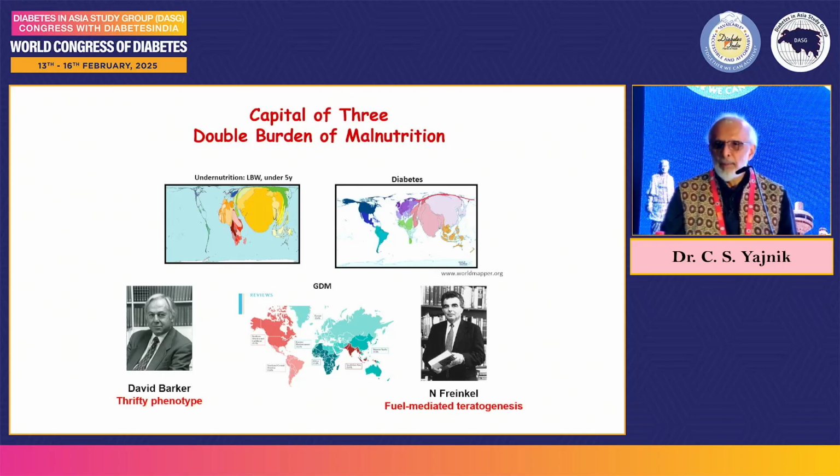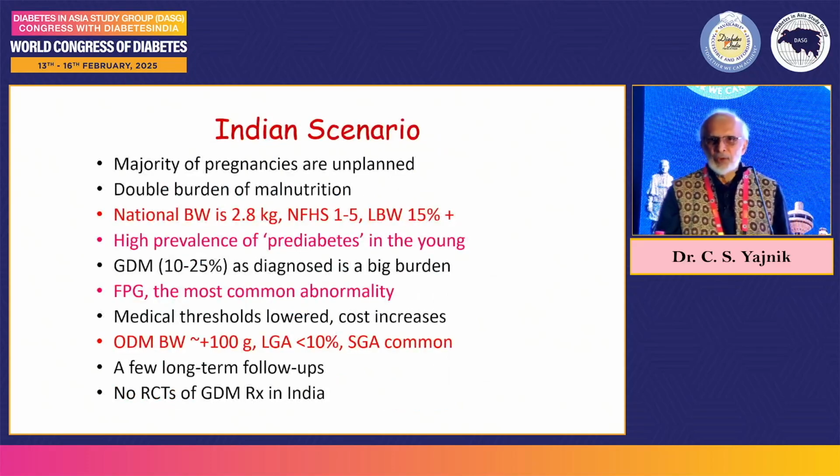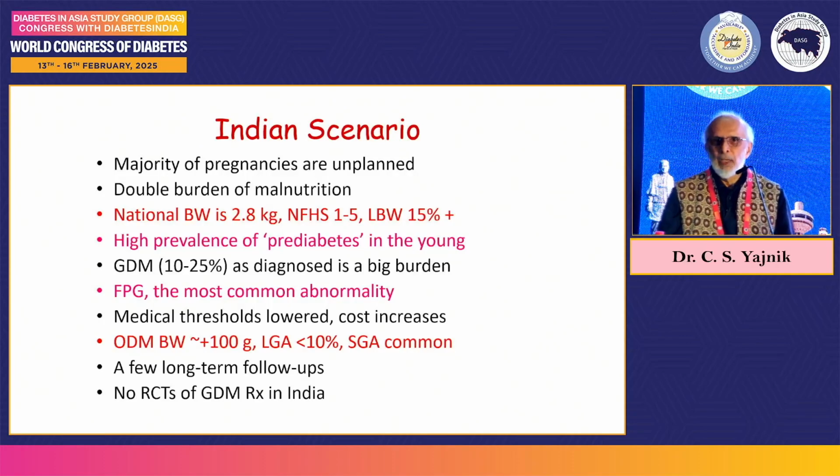So we have a massive double burden of undernutrition and overnutrition simultaneously existing in the population, in individuals, and along the life course. The majority of pregnancies are unplanned, therefore there is not much that can be done before in the current scenario. There is a double burden of malnutrition, therefore we have to tackle under- as well as overnutrition. National birth weight, as I said, is 2.8 kg.